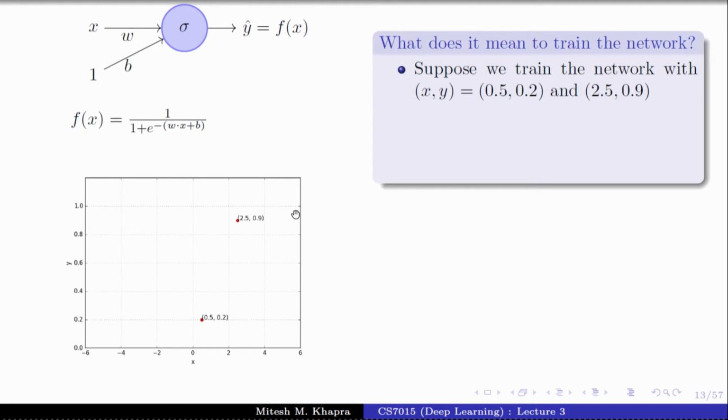Now suppose I tell you that the network has been trained. What does that mean? At the end of training, we want to find w star comma b star such that... Now, what does that mean? Can you explain in plain English? Okay, so let me make it more elaborate.